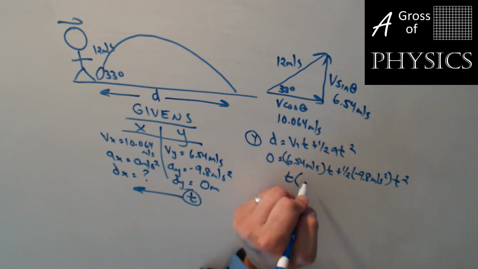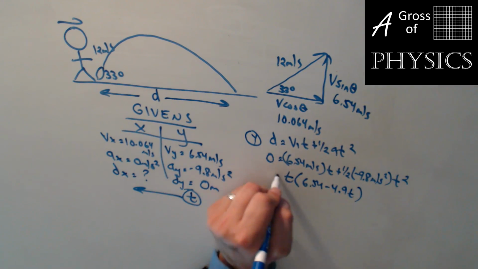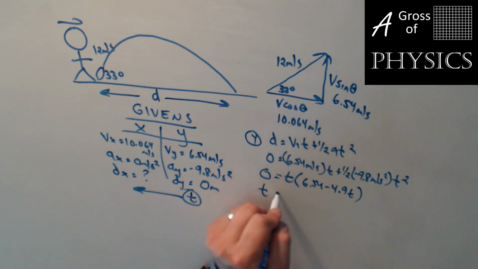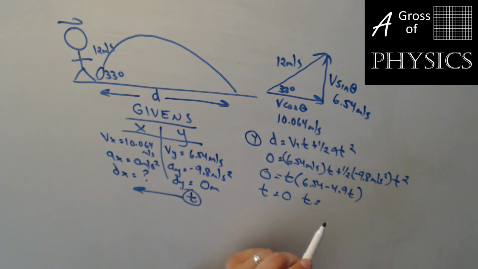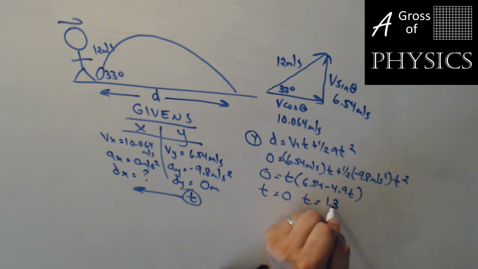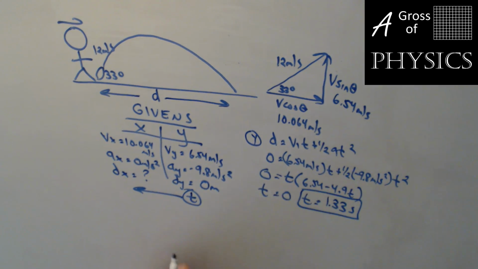Factor out a t: t times (6.54 minus 4.9t) equals 0. So my 2 roots are t equals 0, and t equals, we'll bring the 6.54 over and divide it by 4.9, which gives 1.33 seconds. And the 1.33 is the one we're going to use.